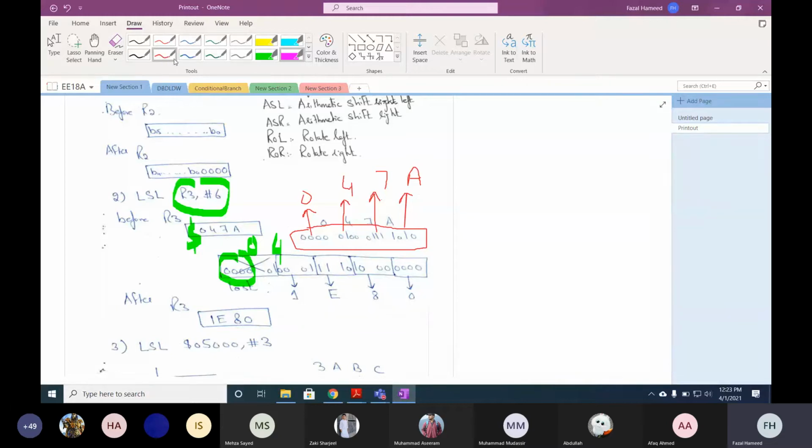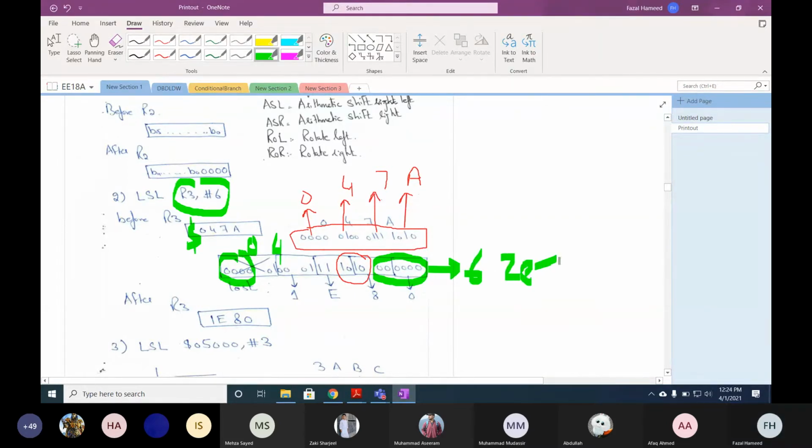How many zeros are now inserted from the left? 6 zeros are inserted from the left.